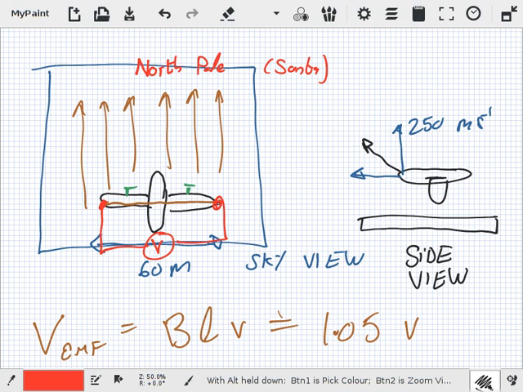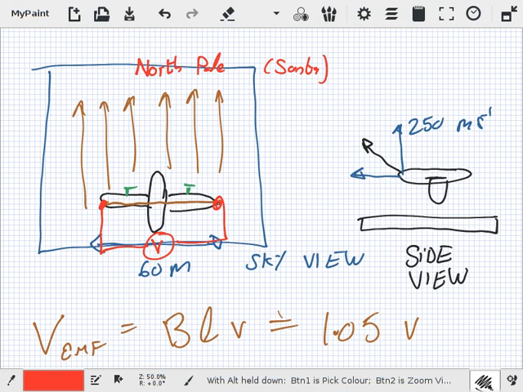The direction is important. So if the plane was to change direction so that it's no longer perpendicular to the field, then it would lose it. So if the plane was to turn east, then it would no longer have this voltage because it wouldn't be perpendicular anymore. But there's another time as well.